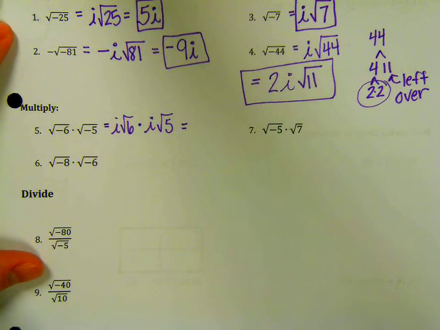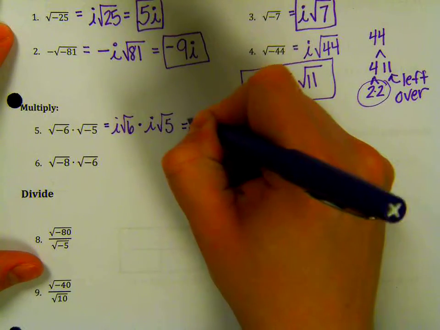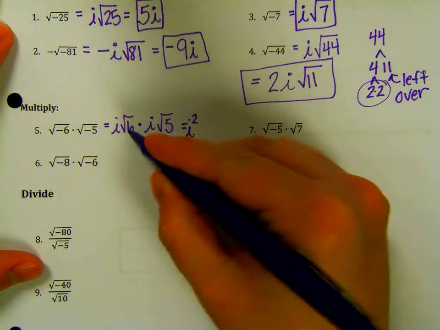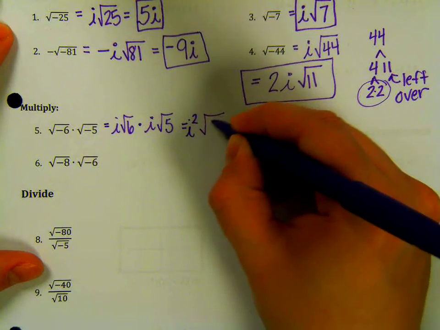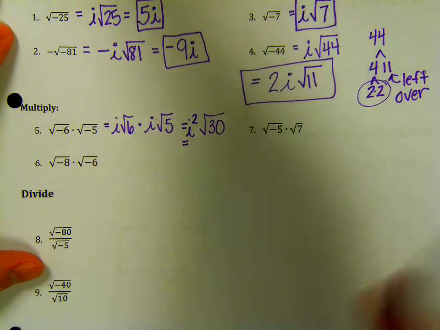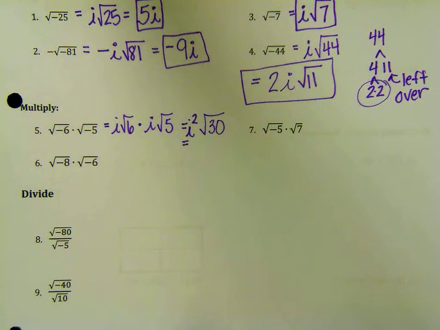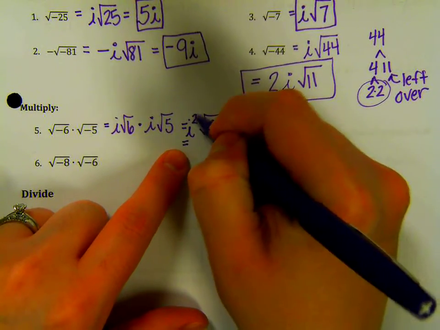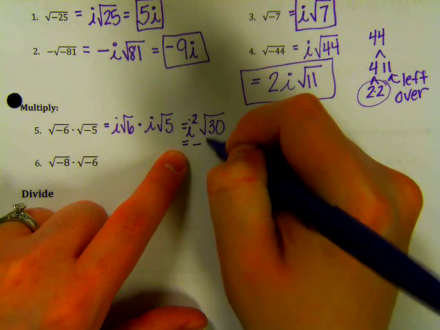I'm going to multiply them both, so we have i times i is i squared, and then square root of 6 times square root of 5 is just square root of 30. The important fact that we noted at the top of the paper, we have i squared is equal to what number? -1. So I'm going to substitute -1 in for my i squared, so it's just -1, or you don't have to write it, but negative square root of 30.